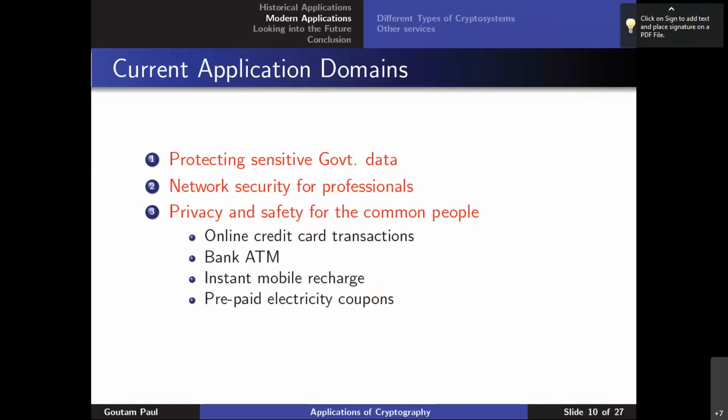Prepaid electricity coupons, these are not yet launched in our country, but if you go to South Africa, you will see that they use such coupons similar to our mobile recharge. Then pay TV channels, right? So that also, you can watch the channels only if you pay for them, right? Otherwise you cannot, though all the signals are coming to your TV.